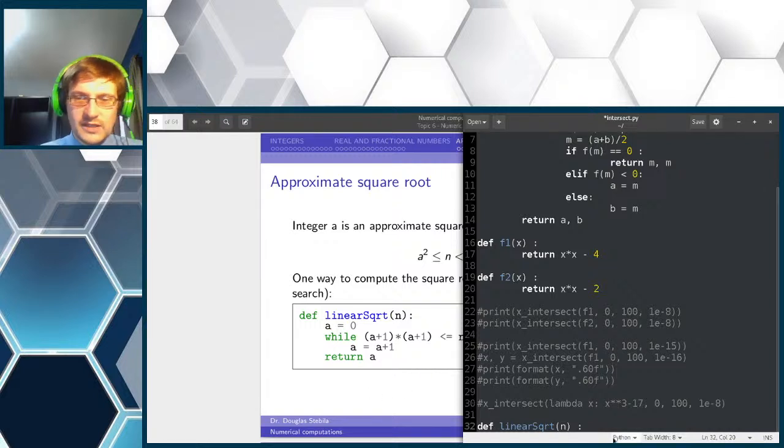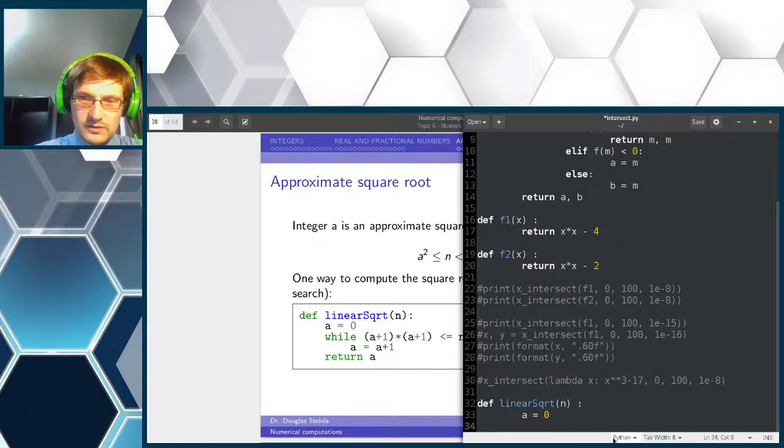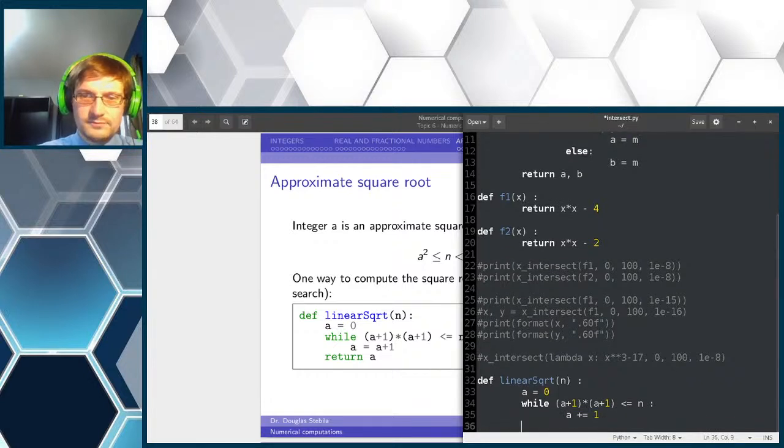In the linear square root algorithm, we start a at 0, while a plus 1 times a plus 1 is less than or equal to n, a plus equals 1.